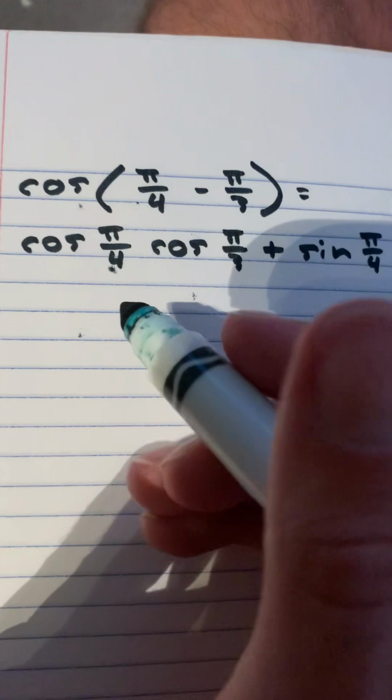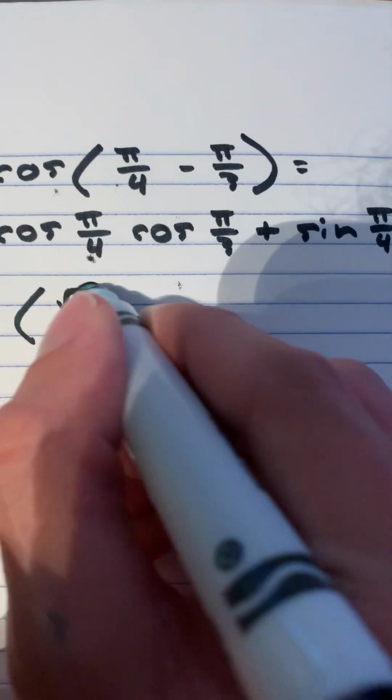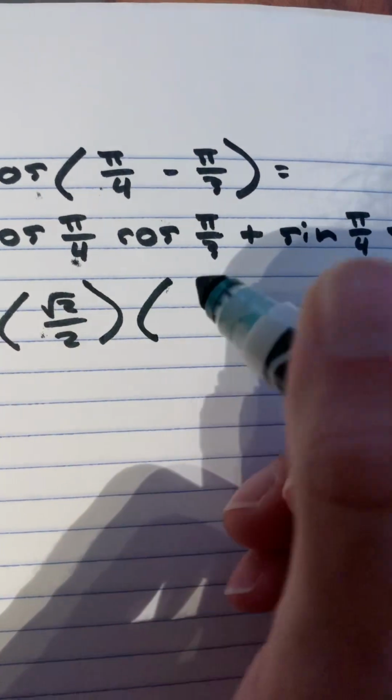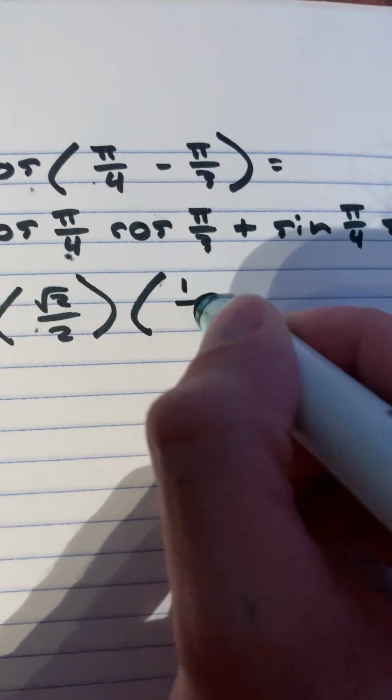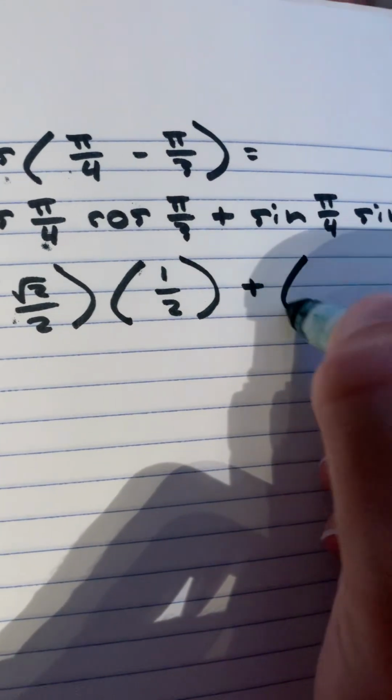And doing my trigonometry correctly, cosine of pi over 4 is going to be the square root of 2 over 2 times the cosine of pi over 3, which is 1/2, plus the sine of pi over 4, which is the square root of 2 over 2, sine of pi over 3, square root of 3 over 2.